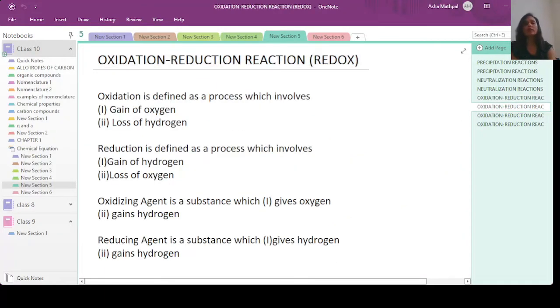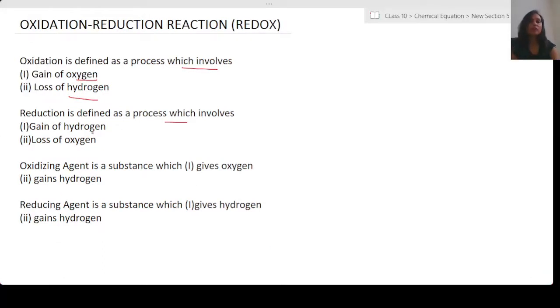So what are oxidation reduction reactions? Okay, oxidation is defined as a process which involves gain of oxygen or loss of hydrogen. Reduction is a process which involves gain of hydrogen and loss of oxygen. What is an oxidizing agent? Any compound which can give oxygen or gains hydrogen will become an oxidizing agent.